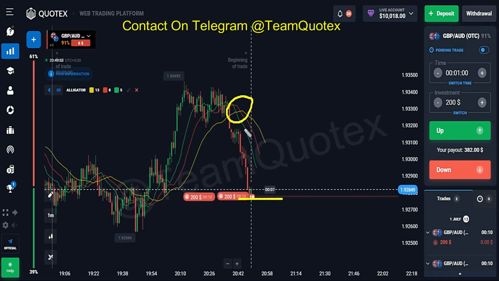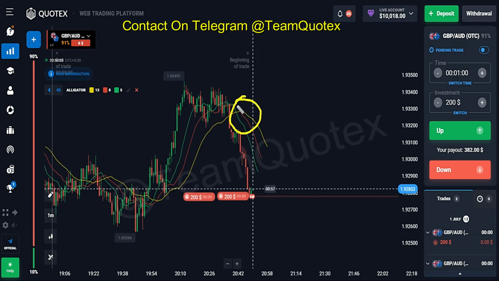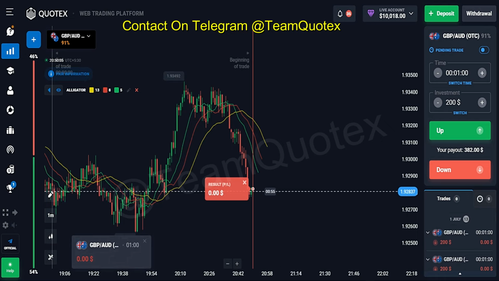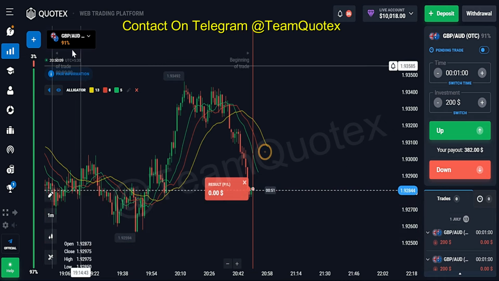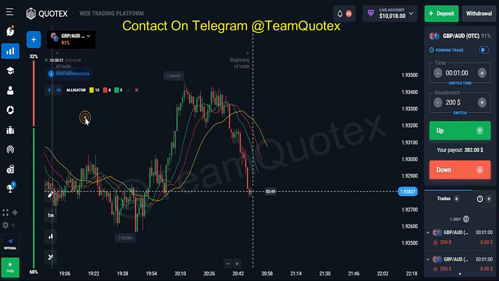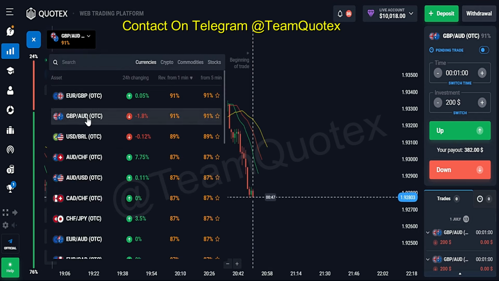So the distance you can see is too big guys. So what you can do, you can avoid such entries. You will not trade on such a crossover, guys. Alright. So this is OTC, the market is coming down, and let me find some other asset and I will try to recover my two three trades, guys.